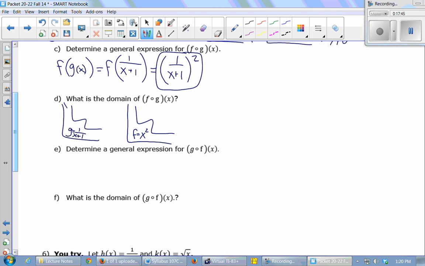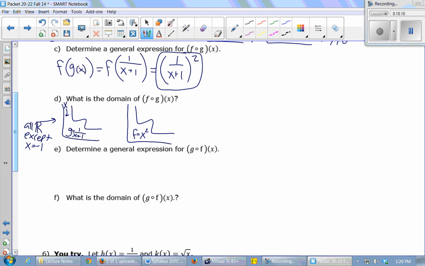What kinds of x's can I drop into the G machine without causing the machine to break down? Anything but -1, right? So in here, I can put all reals except x equals -1.